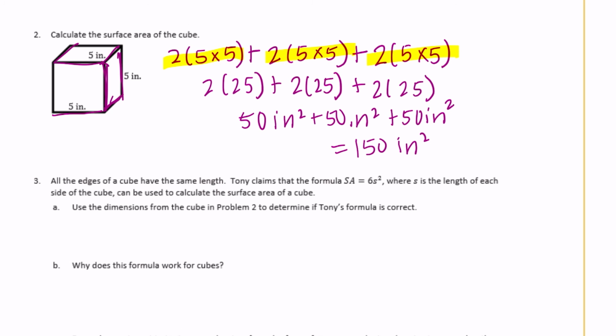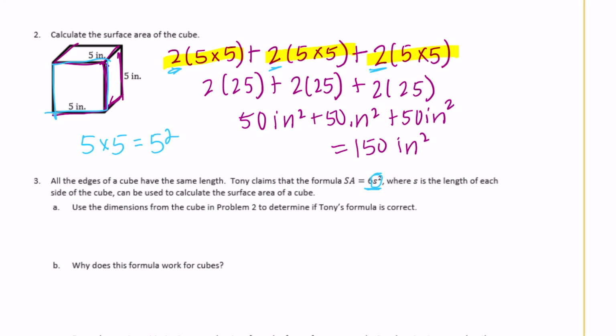Okay, so let's break this down a little bit. So let's start with the sides squared. If we have a side, so one of the sides is equal to 5 times 5. Well, 5 times 5 is equal to 5 squared, right? So that does work. And then do we have 6 of them? Are there 6 sides? Well, we have 2 and 2 and 2.